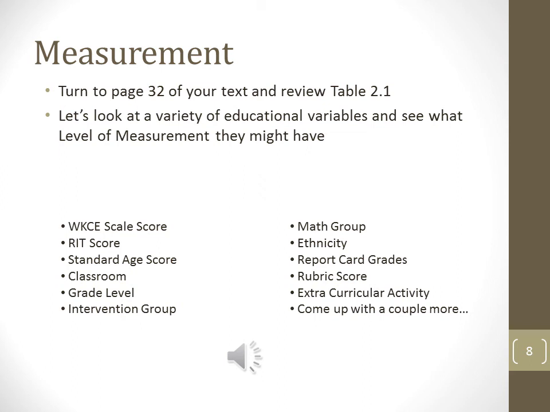Those ranges are quite large, and they're not divided equally in between necessarily. Extracurricular activity. I'm either in it or I'm not. Think about some others and try to determine whether they are nominal, ordinal, or interval.